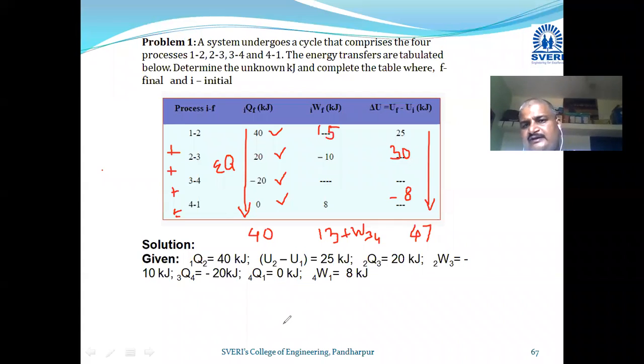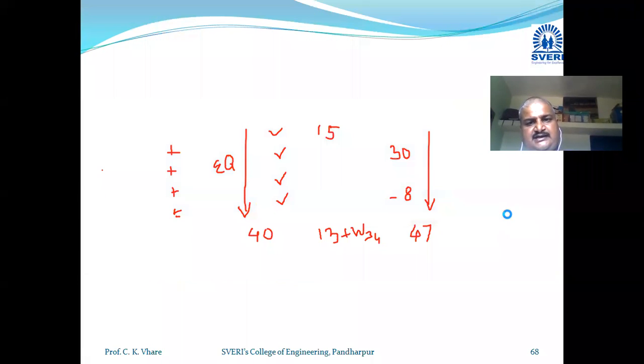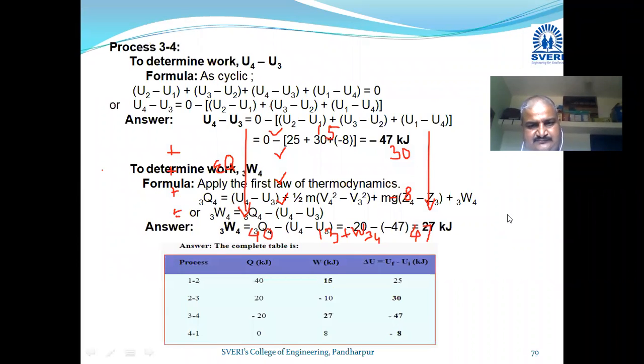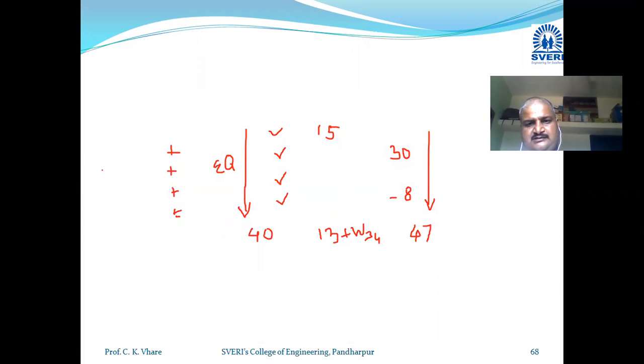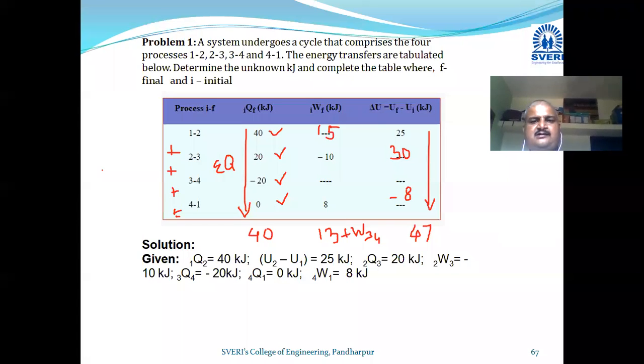But when you see this total system, you will come to know that the change in internal energy for this whole cyclic process is always 0.